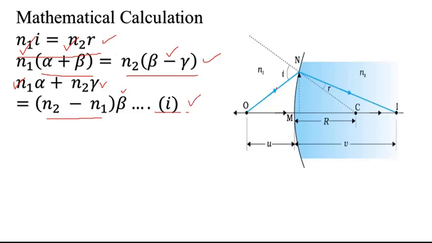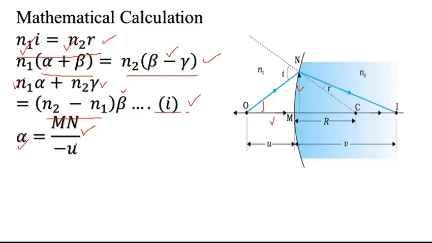Now we apply the trigonometrical ratio for the triangles NOM, NMC and NMI. So let's see here, alpha equals MN by U. This is the MN and this is the U and this is the alpha. So according to the relationship between perpendicular and base, with the help of the trigonometrical ratio, already we have discussed about this one.